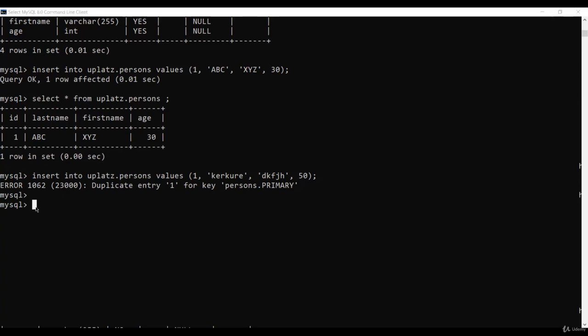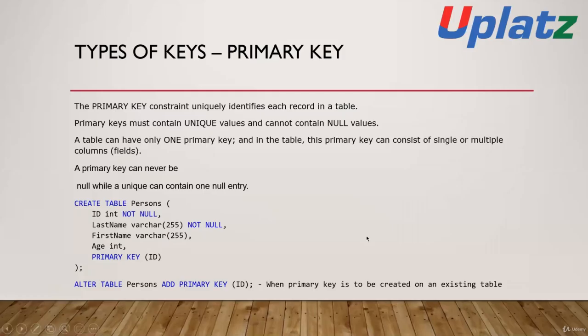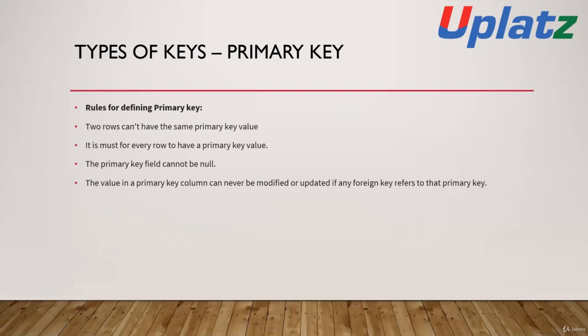Going back to our types of keys. Next, there are some rules for defining primary key. As you must have seen in the demonstration, two rows can't have the same primary key value. It is a must for every row to have a primary key value. The primary key field cannot be null.